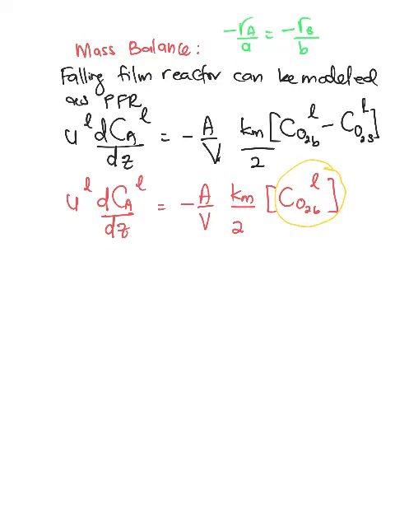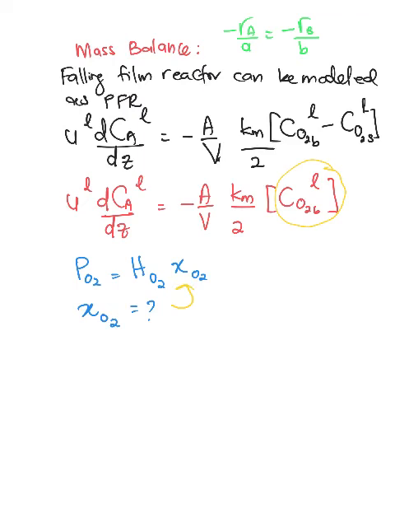So PO2, the partial pressure of oxygen in gas phase, equals Henry's law constant multiplied by the fraction of oxygen in the liquid phase. So calculate the XO2 value from this equation.